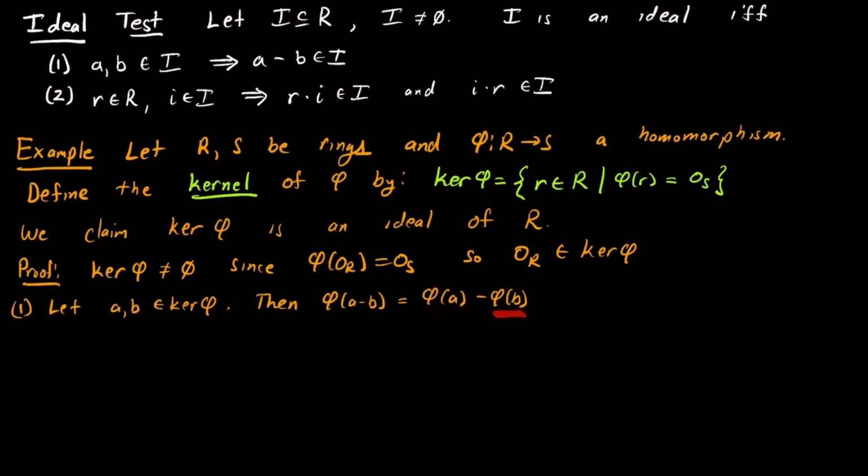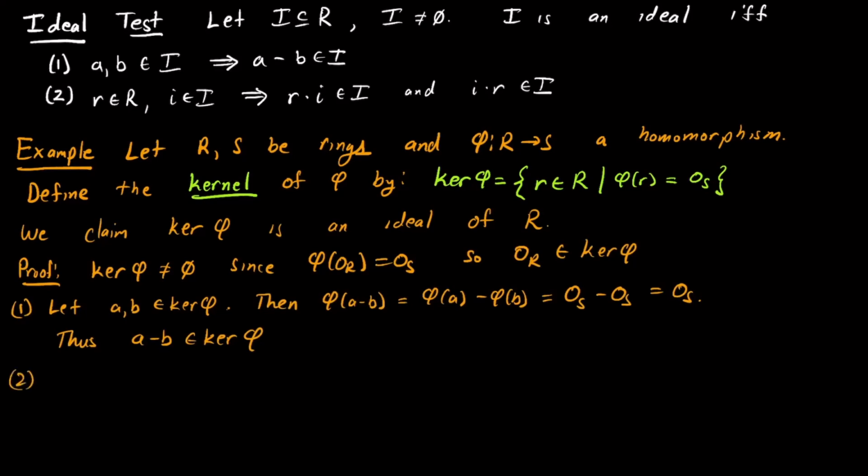And since B is in the kernel, I know phi of B is 0. So what I'm really looking at here is 0 minus 0. So this is equal to 0. And so I've shown that phi of A minus B is equal to 0. So I can say, thus, A minus B is also in the kernel of phi. Okay, so I've showed that it's closed under subtraction.